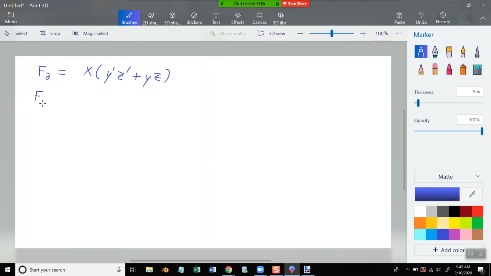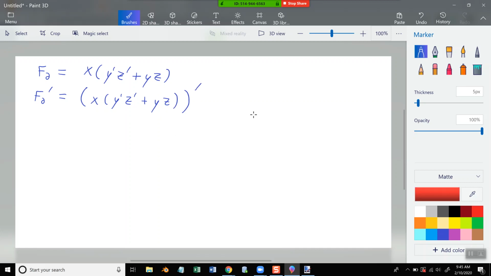And we want to find the complement. So we'll put all this inside of parentheses, prime. Okay, now you're sitting there, well, what's inside of parentheses?